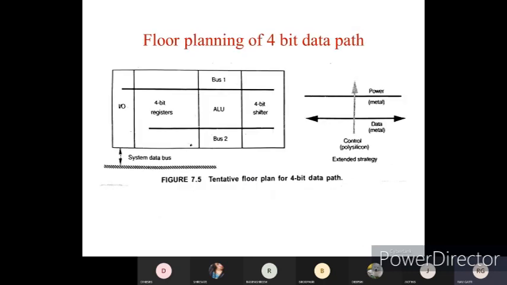The next one is the floor planning of the 4-bit data path. It's not that you only need to remember the data path, because the implementation of any circuit is completed only when the design product is available in hand. During the analysis, if you use different floor planning methods, then you need to use those methods to accommodate your IC.